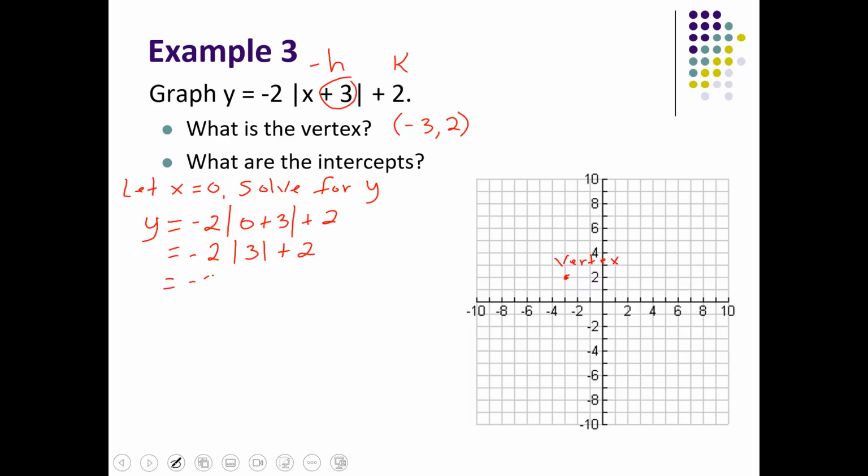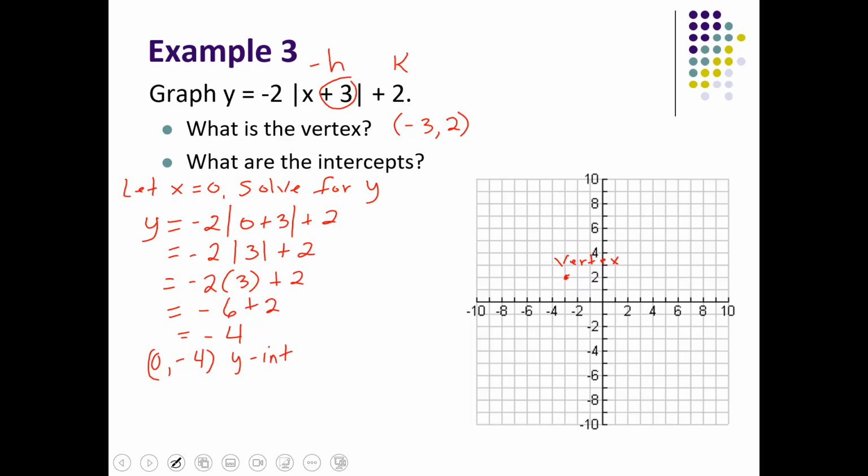So this becomes -2 times 3, and then we're adding 2 to it. This will give us -6 plus 2, which is -4. So our y-intercept would be 0, -4.